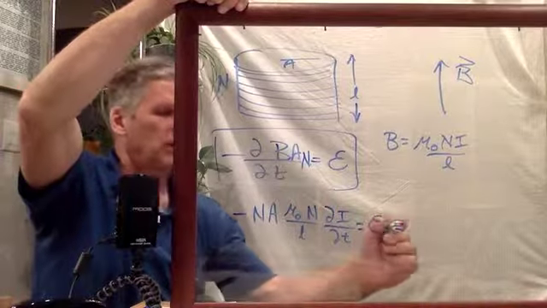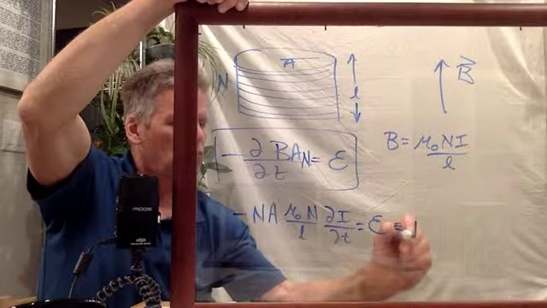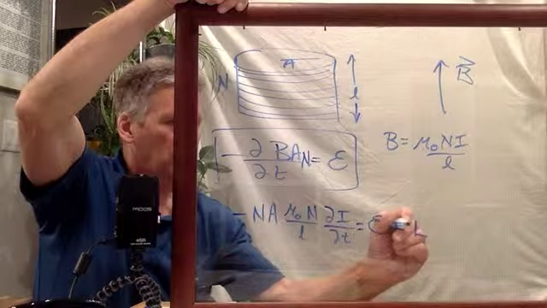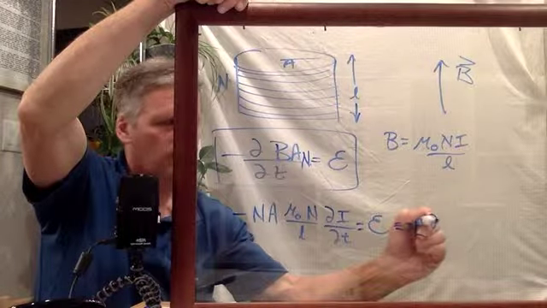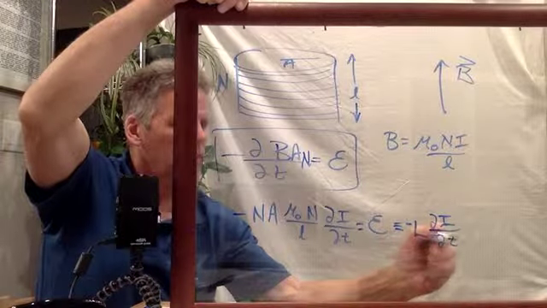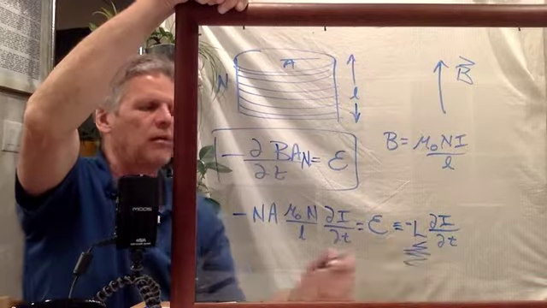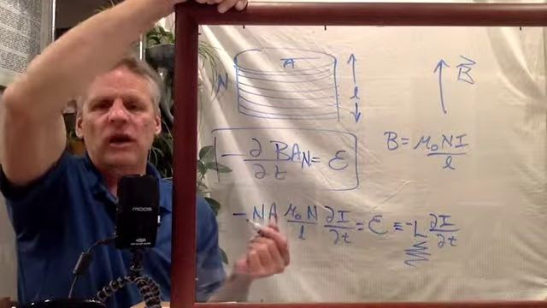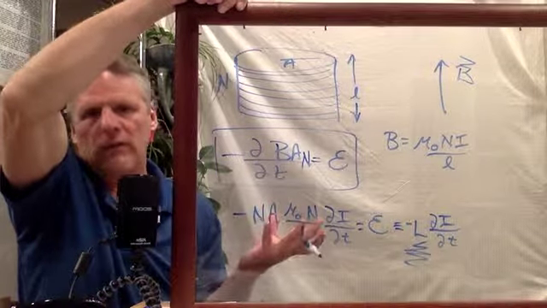So what does that mean? It means that we have some new number that we're going to call L, and I'm going to put a minus sign there just because that's how it's defined. So we are going to define this new thing L, and it is called the inductance, or the self-inductance.